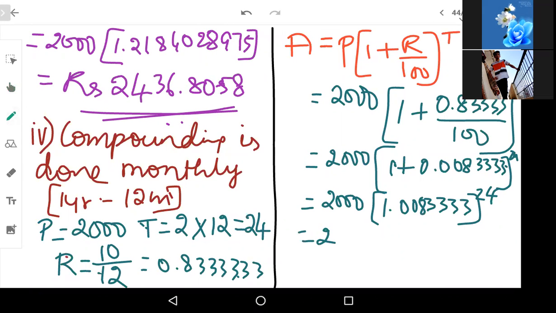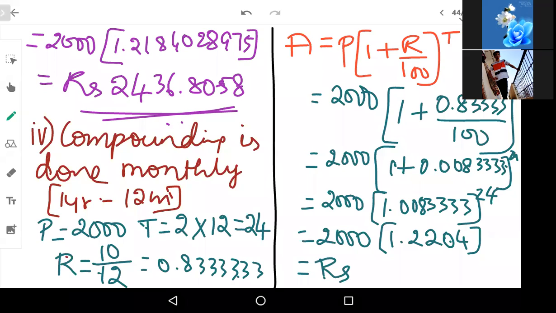So 2000 into 1.2204. Now how much do you get? 2440.8. This should be your answer.